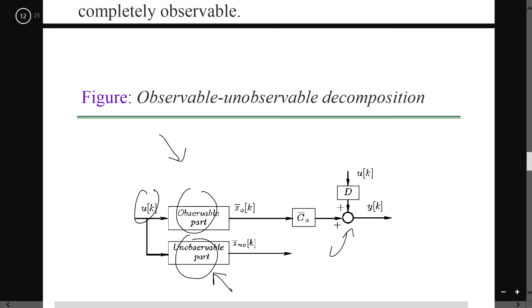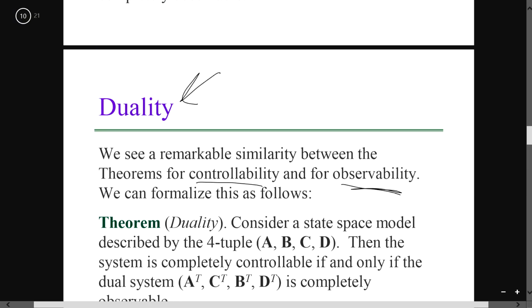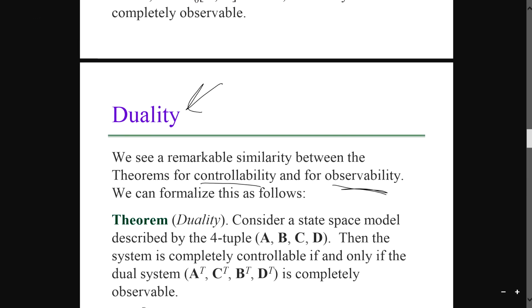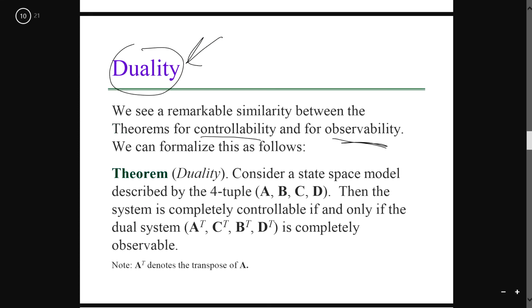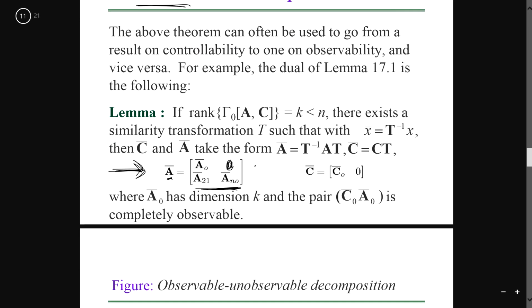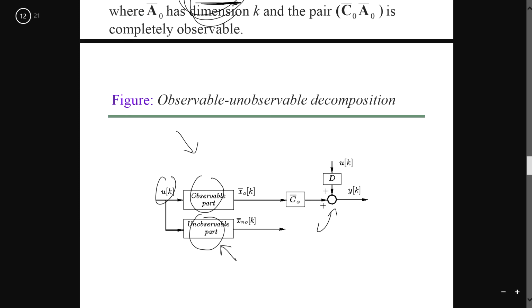But at least you get a slight understanding of duality. Duality is simply to transform the controllability into the observability system by the understanding of the transpose system. Therefore you can use this to construct your block diagram over here.